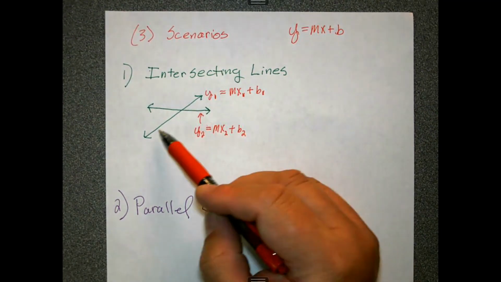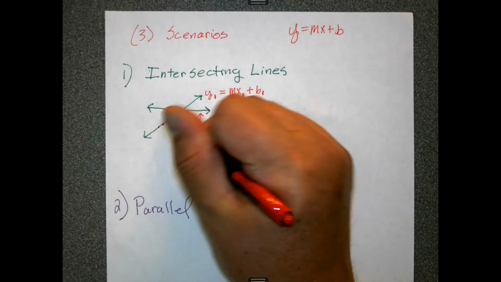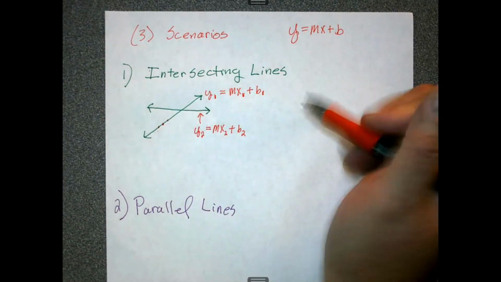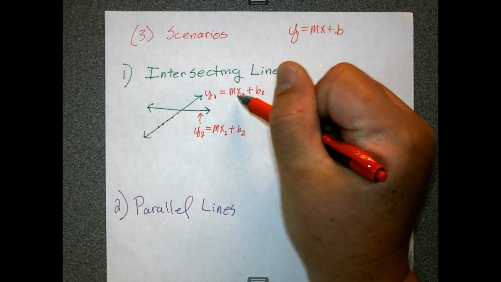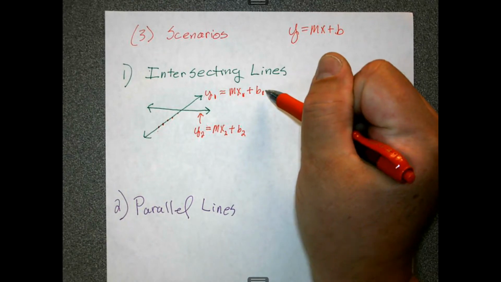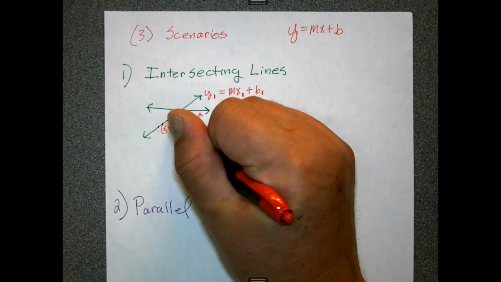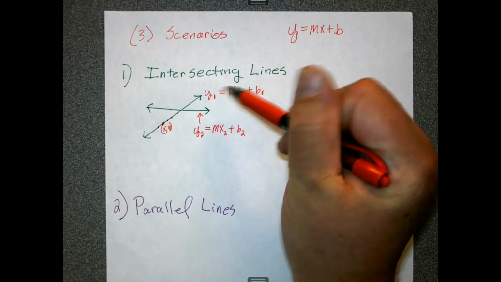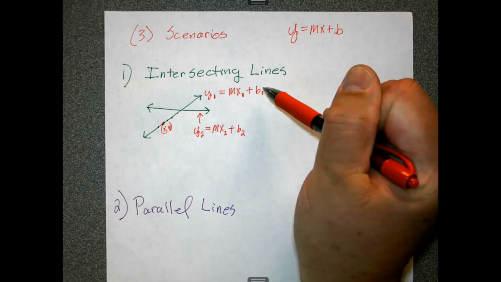Now, for this equation, any one of these points, there's infinitely many, right? Any one of these points is going to make this statement true. It's going to work for this equation, right? Each point has an x coordinate and a y coordinate, right? So if I plug this point into this equation, it's going to make this equation true.